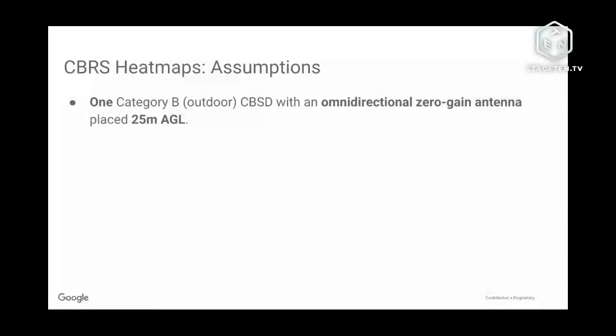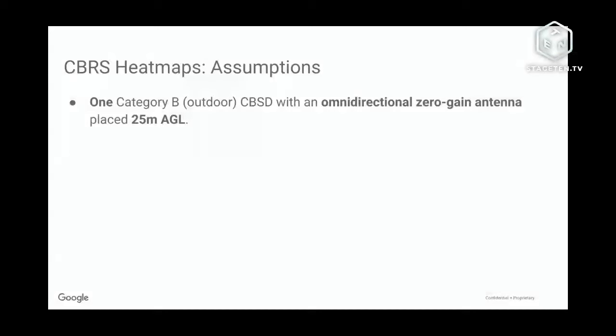We're also assuming that the CBSD is deployed outdoors. So if you're deploying a CBSD indoors, you may have more spectrum available than a CBSD deployed outdoors because you have that extra interference protection from the building. We're assuming an omnidirectional zero gain antenna. So if your antenna gain is higher, or if your radio is pointed in a specific direction, your results may vary relative to the available spectrum based on the heat maps.